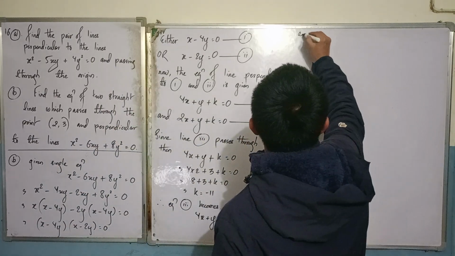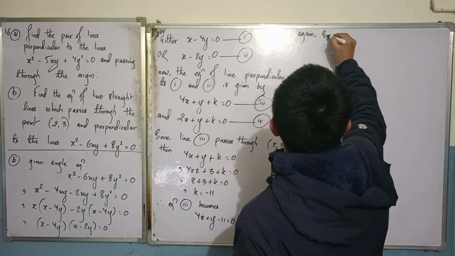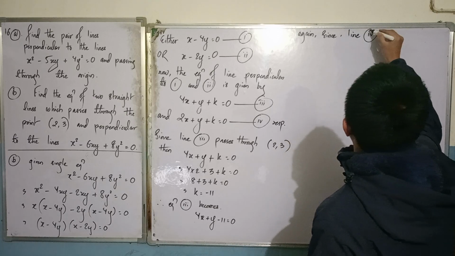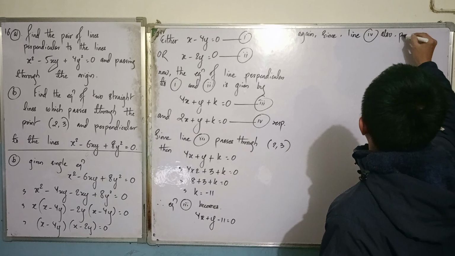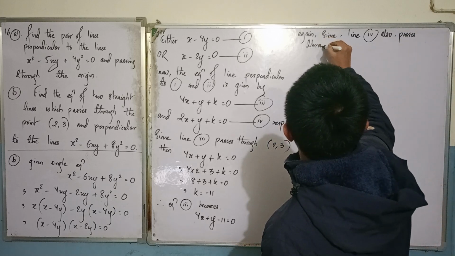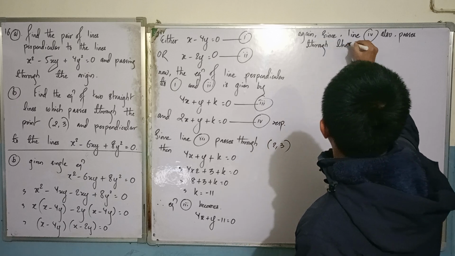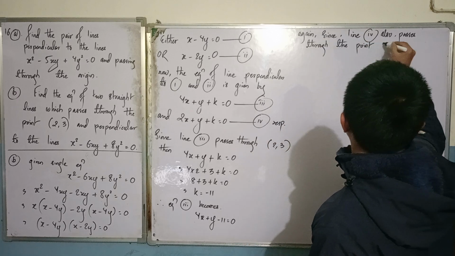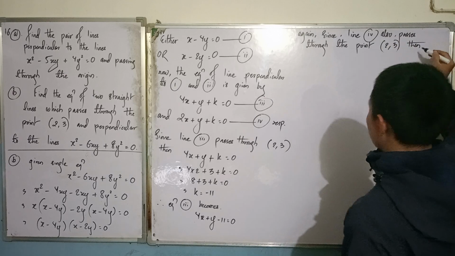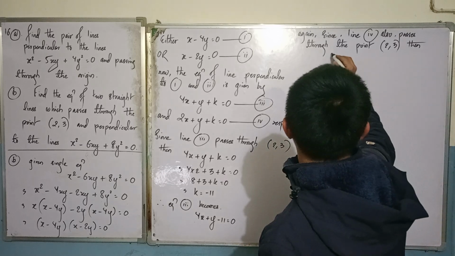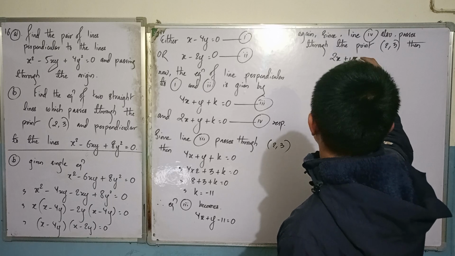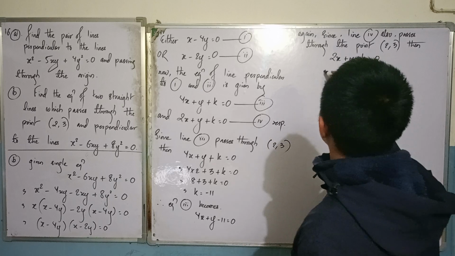Again, since line IV also passes through the point (2, 3), we can write 2x plus y plus k and get the value of k here also.